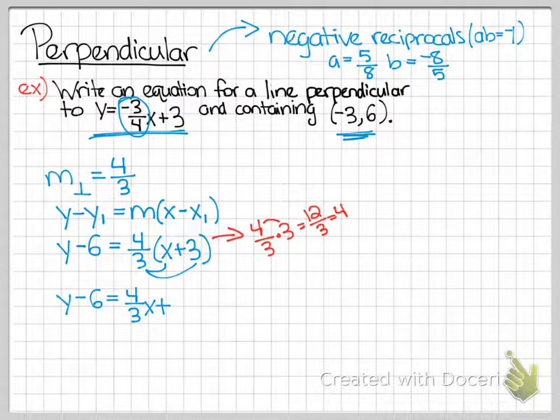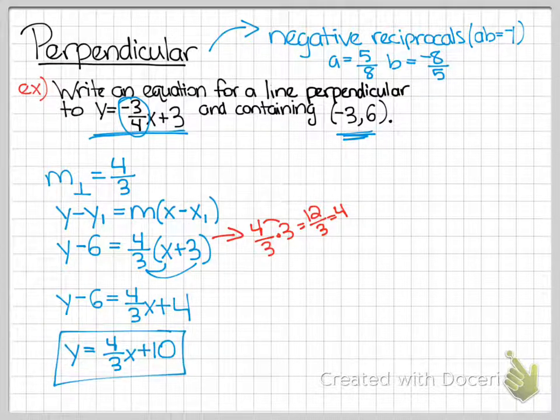Okay? So that's going to be plus 4. And now if I add 6 to each side, that is y equals 4/3 x plus 10. So that would be the equation of my line perpendicular to the given line.